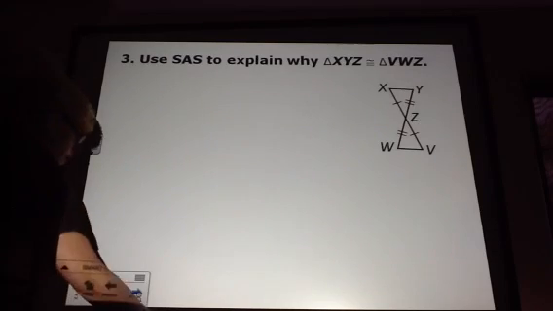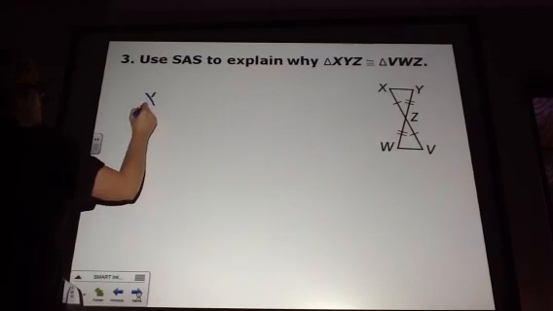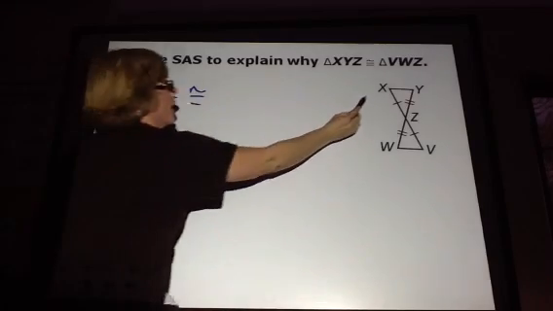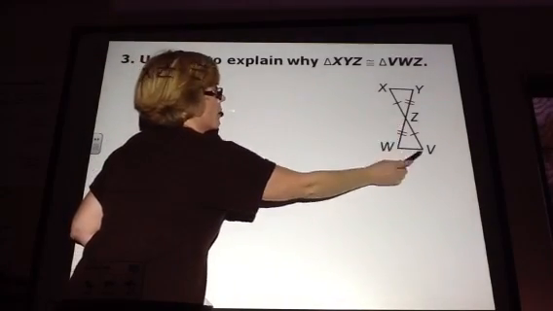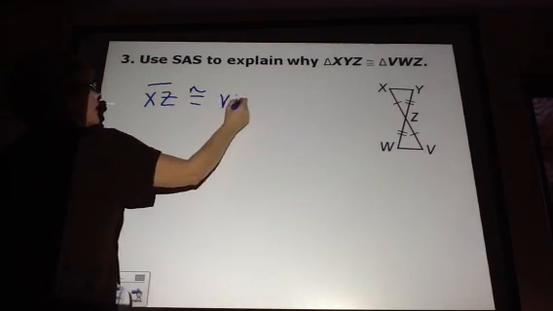Okay, so now we're going to prove these triangles congruent by using side, angle, side. We got to prove two sides congruent and one angle congruent. Okay, so let's start with what's given. We can say segment XZ is congruent to this segment right here, so that's going to be VZ.